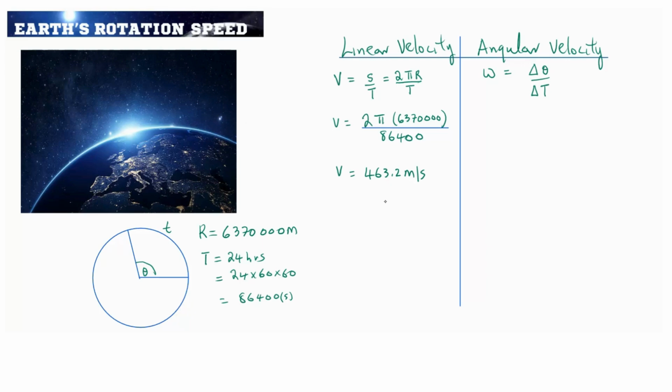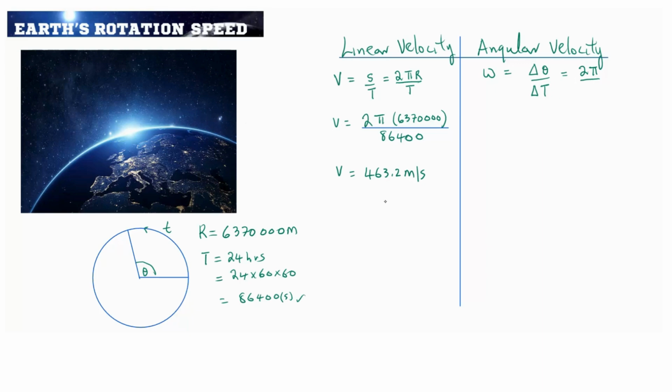Now in one complete revolution, this angle would be 360 degrees. So in radians, that's 2 pi. 2 pi radians divided by the time, which is still 24 hours, which is 86,400 seconds.